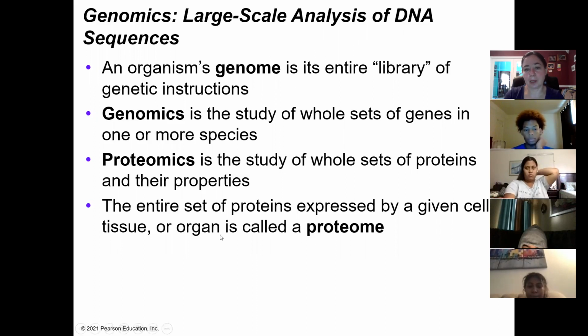And proteomics is about proteins, pretty much, because a gene is responsible for protein synthesis, something we'll talk about a lot. The proteome, unlike the genome, is the set of proteins produced, expressed, by particular cells.